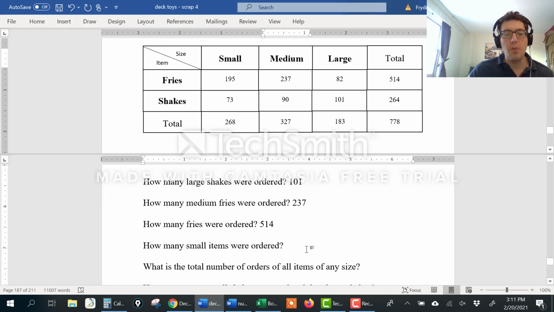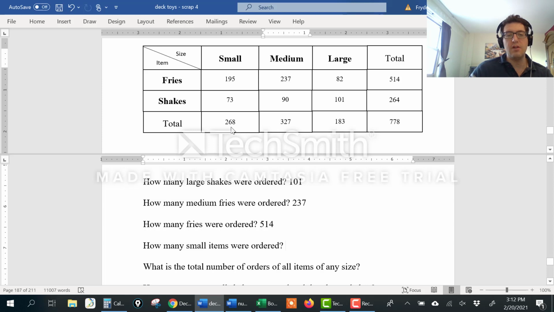Okay, how many small items were ordered? So this time we don't care if the item was an order of fries or a shake. We just want to know if it was small, okay? So there were 195 small fries. There were 73 small shakes, but we don't care if it was fries or shakes. We want the total.